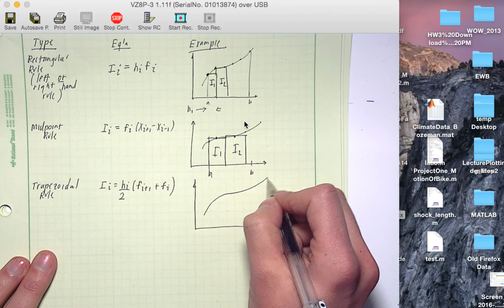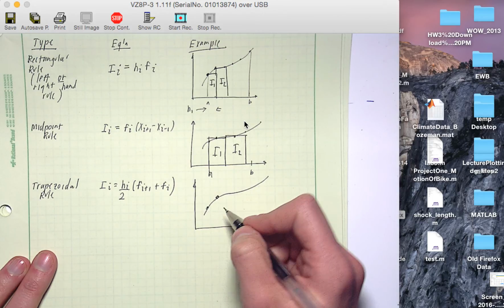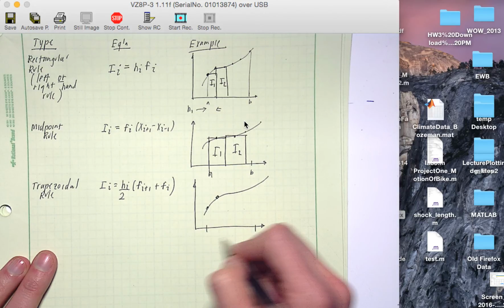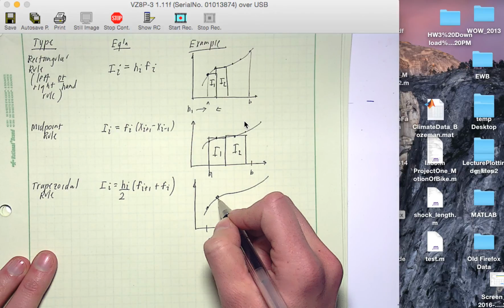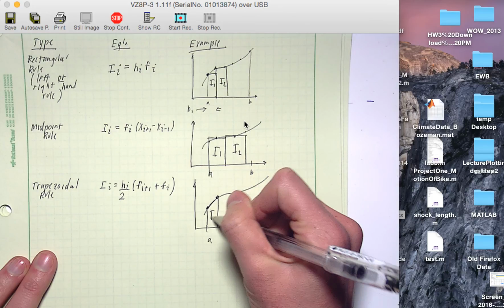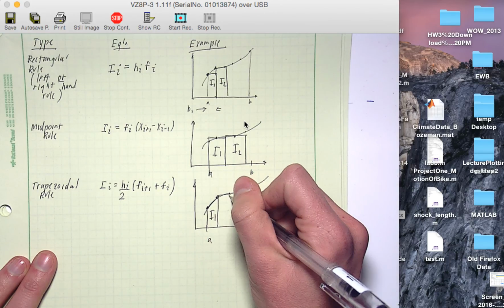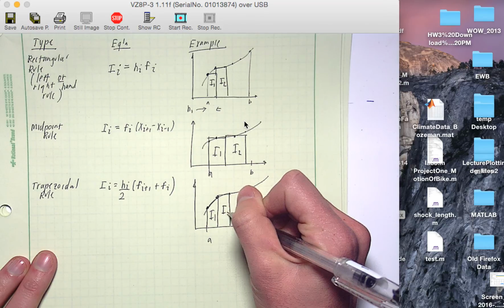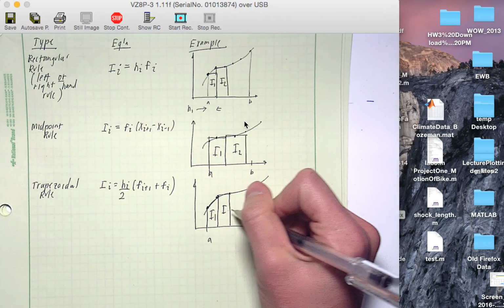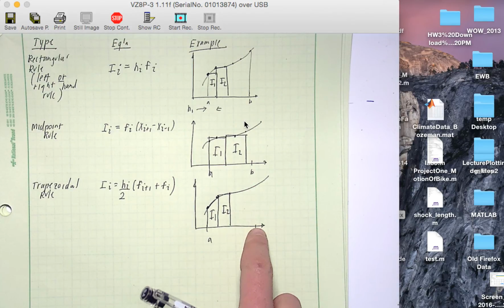So if I have some function, it's going to connect the 2 points with a straight line, and the area will look like a trapezoid. The area is so much more accurate than chopping off the corners like the other 3 methods do. So that's what it visually looks like.